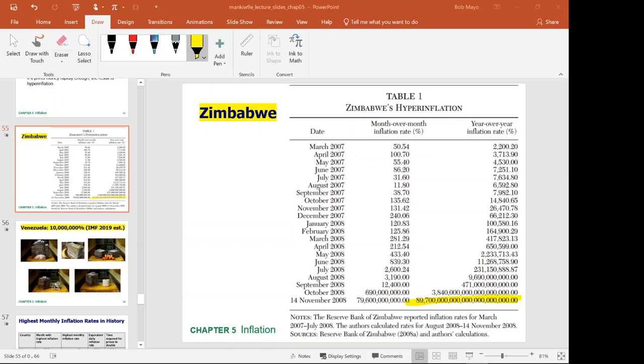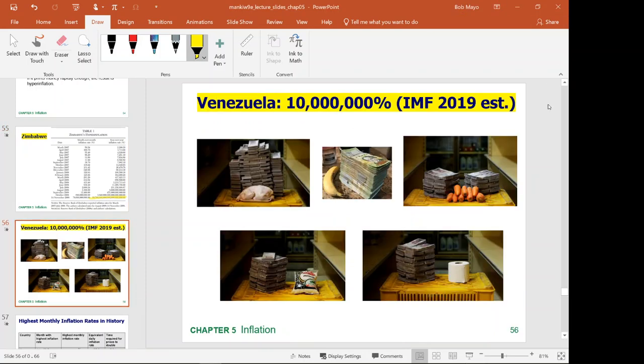That would be about 80 billion% inflation per month. When prices are going up that fast, the currency you have becomes essentially worthless, and that prevents economic activity from occurring.